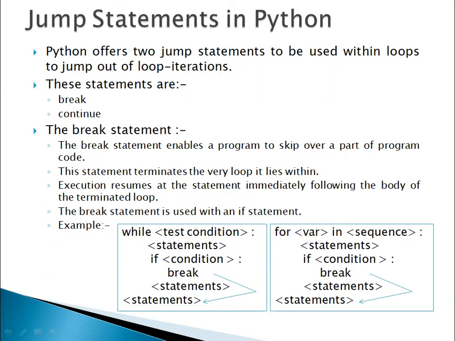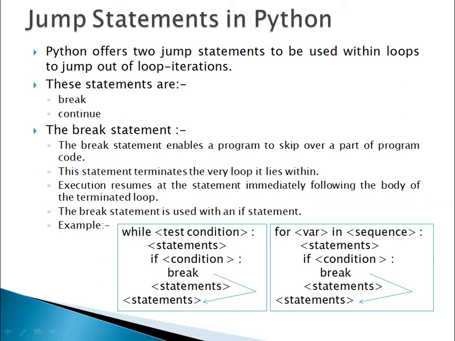Then we have 2 jump statements in Python. Python offers 2 jump statements to be used within loops to jump out of the iterations. These statements are, the first one, break, and the second one, continue. The break statement enables a program to skip over a part of the program code. This statement terminates the very loop it lies within.